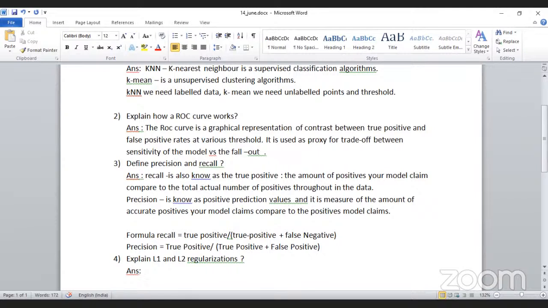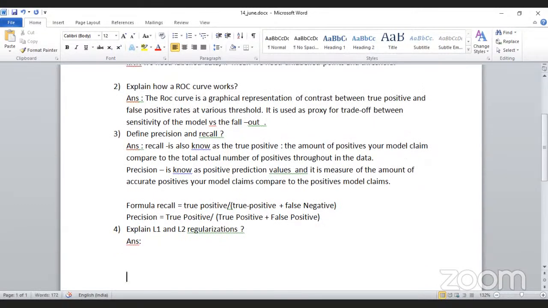What is L1 and L2 regularization technique? So L1 corresponds to setting a Laplacian prior.